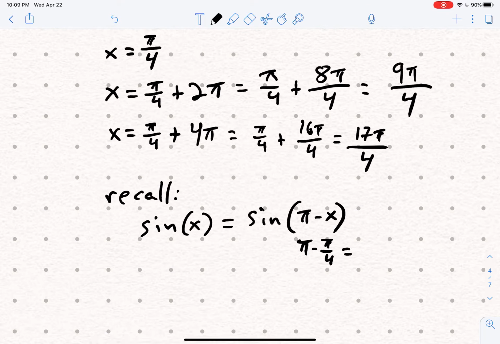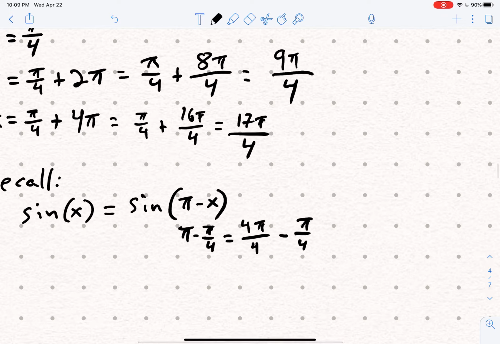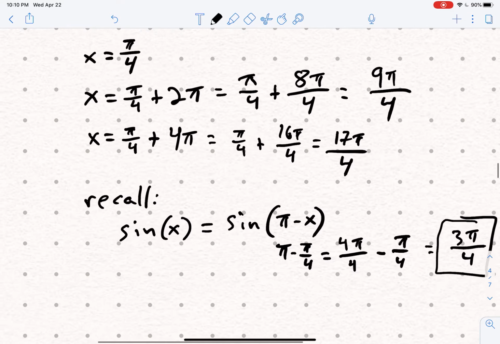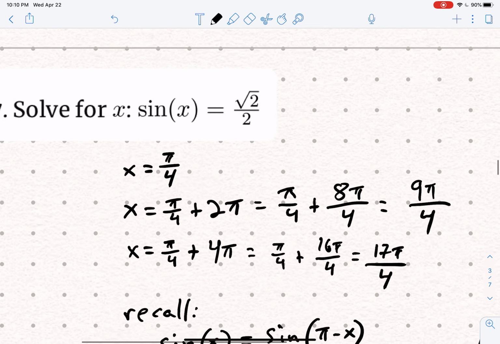Pi minus pi over 4, well, getting a common denominator, that's going to be 4 pi over 4 minus pi over 4. And combining together, 4 pi minus pi on the top gets us a total of 3 pi over 4. And my claim is that if x is 3 pi over 4, then it should have the same sine as pi over 4. And that means that it should have the sine equal to what we want, which is radical 2 over 2.